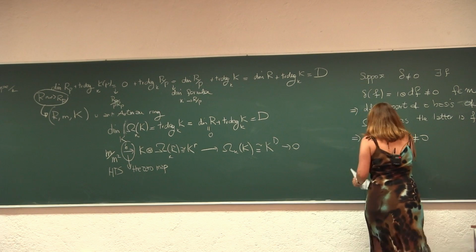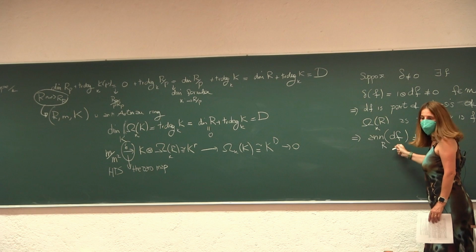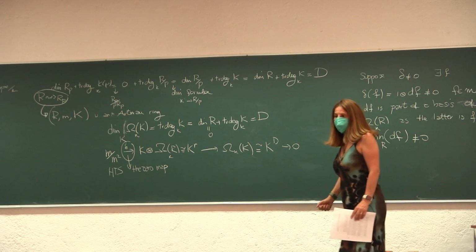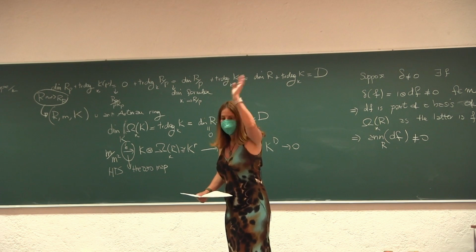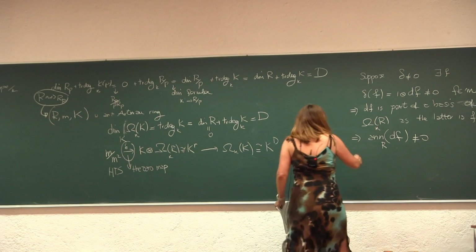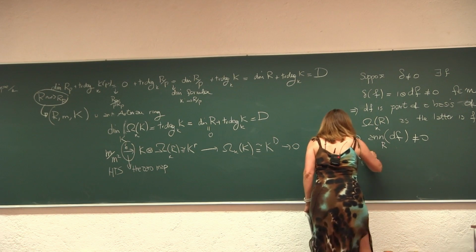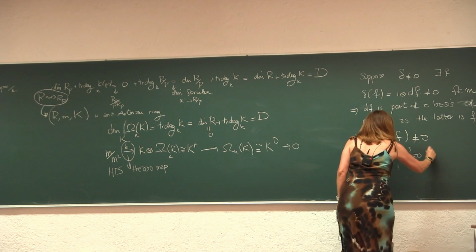However, I'm claiming this is not possible. Okay? Because R is Artinian. And so the power of the maximal ideal is 0. So let's see how I use this. Since R is Artinian, it implies m to the s is 0 for some s.